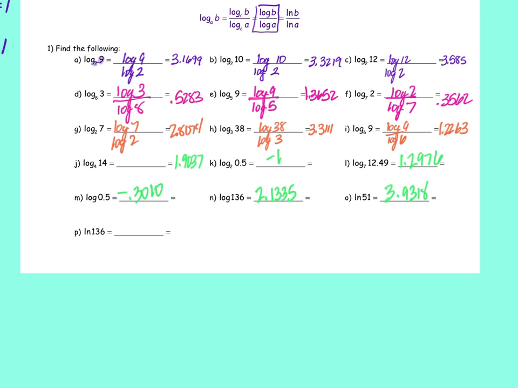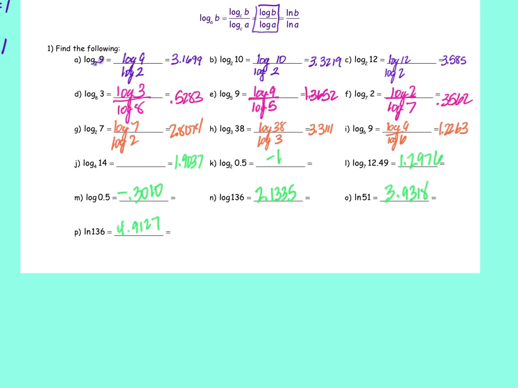And then the last one, again, is natural log of 136 this time. 136 is 4.9127. Okay. So I'm going to make this bigger here.